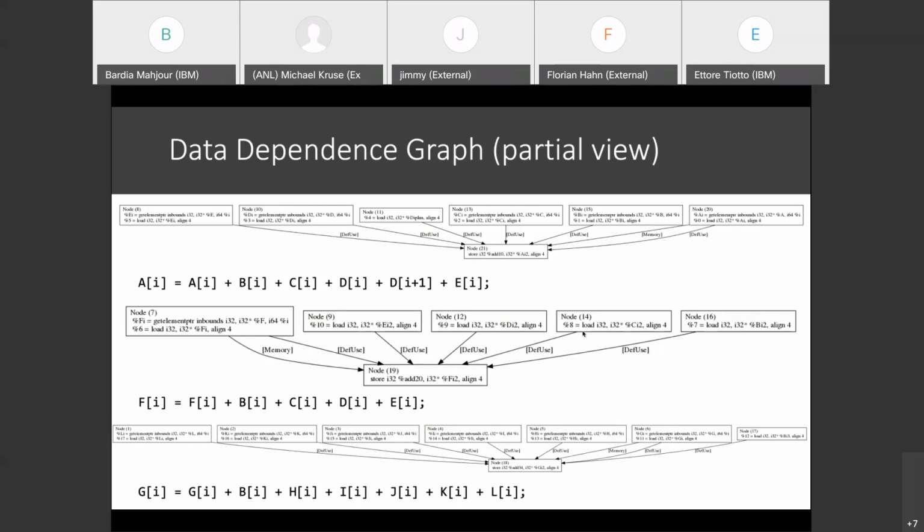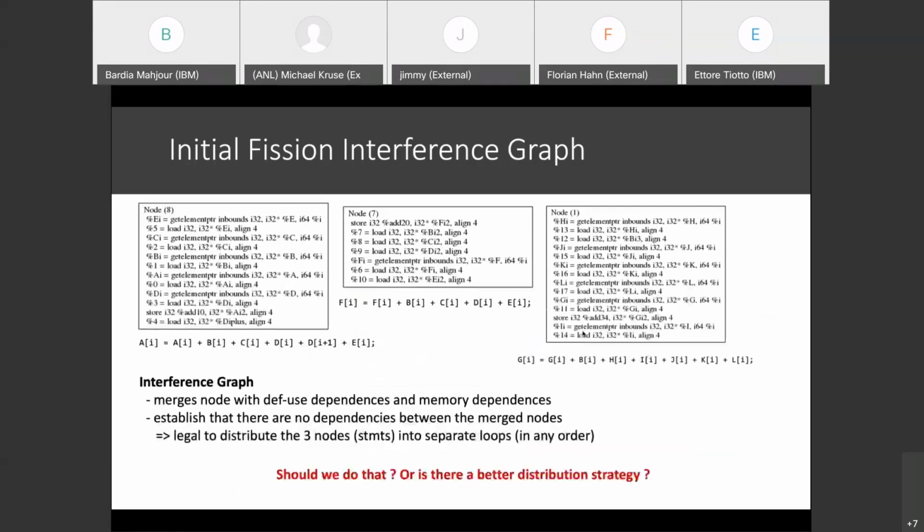In some cases, we also model where there is a memory dependence, and the edge is going to be a memory edge. The same thing is done for the second statement and the third statement. And you can observe that the 3 sets of statements are independent with respect to each other because there is no edge in between them.